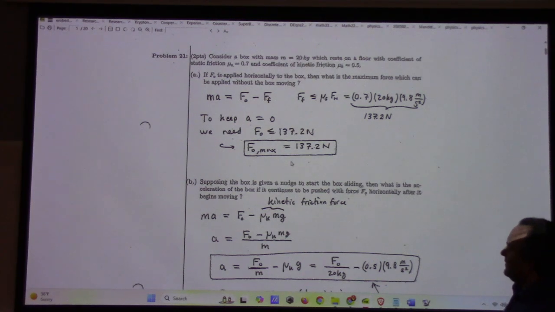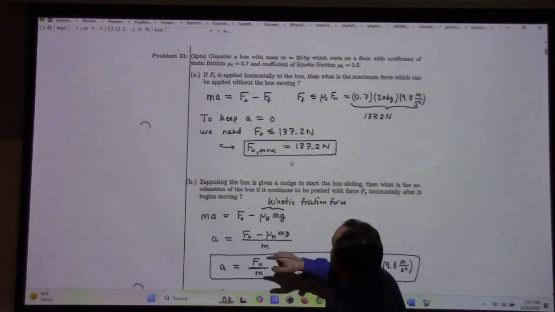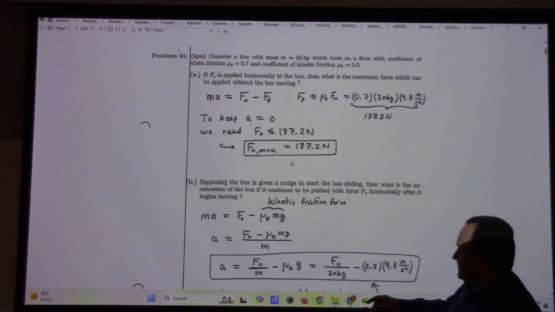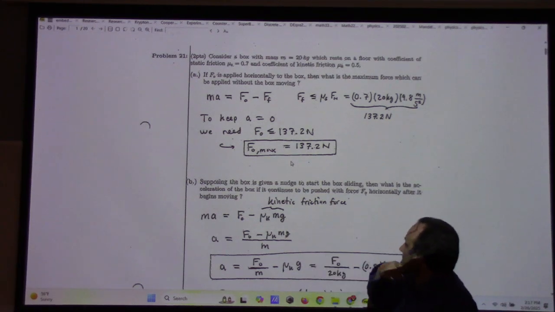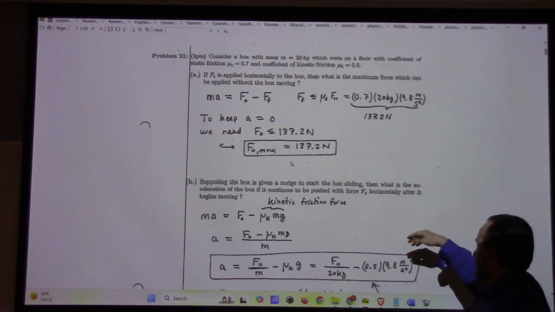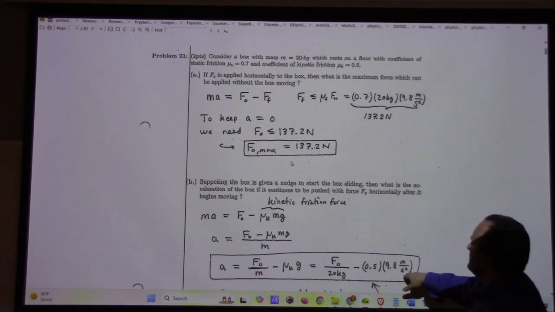I guess it's 98 newtons, I think, right? So 98 newtons. So 137 minus 98 divided by m is what you have. Although I guess I could put the F0 in there.